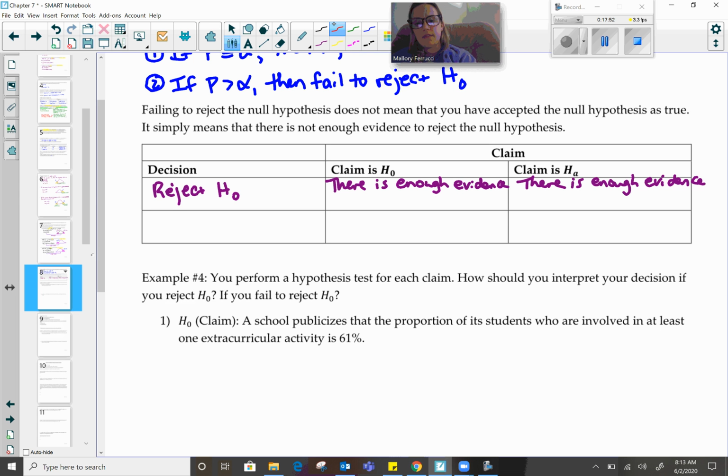So now if you fail to reject the null hypothesis, that one is starting off your interpretation with there is not enough evidence.